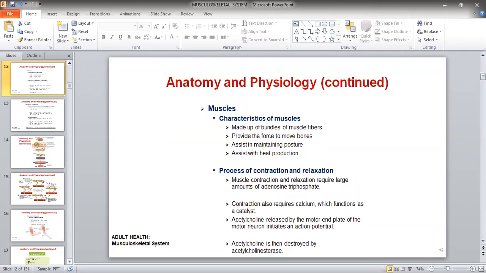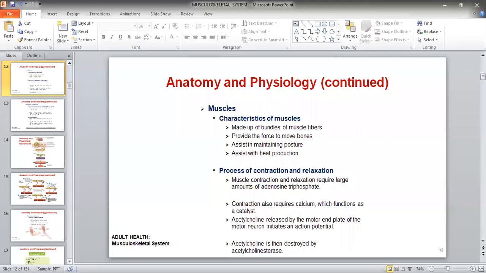But skeletal muscle is under our control, right? As I told you, in our body there are basically three types of muscle. One is cardiac muscle found in the heart, and there is smooth muscle found in the blood vessels, gastrointestinal system, bladder, uterus. Both are controlled by the autonomic nervous system.